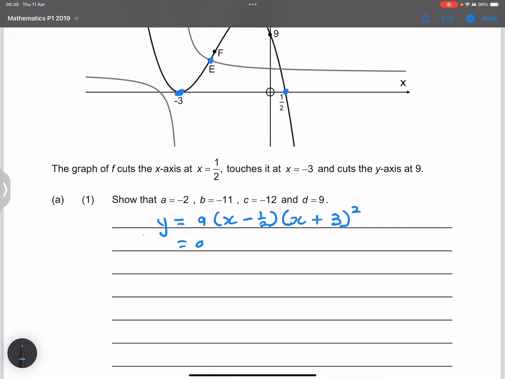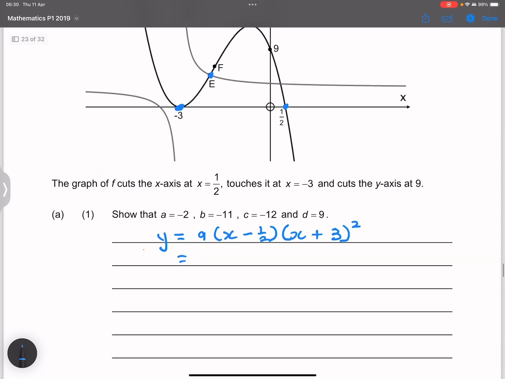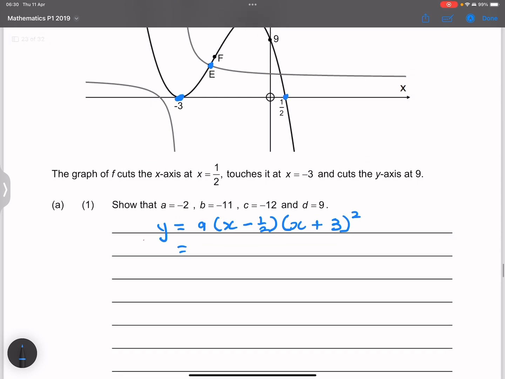In fact, before I even go far, let's find out what the value of A is. So I'm going to use another point. And remember, the y-intercept is 9. So when x is 0, y is 9.